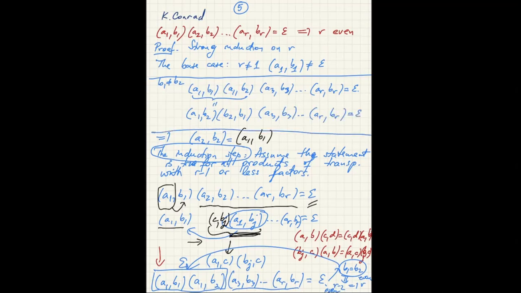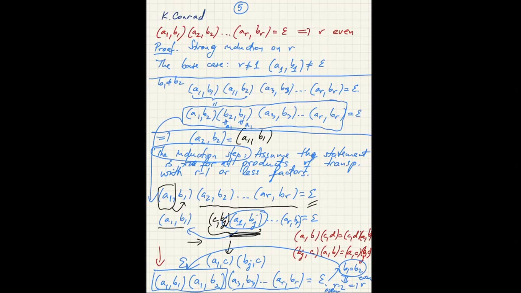Okay, and now we start again a similar case as the way we started this induction step. We have A1, B2 over here, and now this B1 doesn't equal A1. What have we done in the second product here? We have reduced the number of A1s from the first product, the one that we started with, by 1.